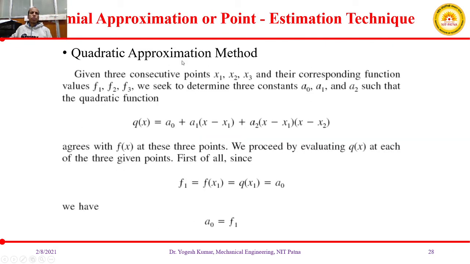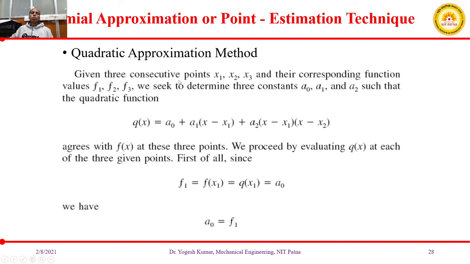We tried to understand the quadratic approximation method, and in this method we had three consecutive points, x1, x2 and x3, and their corresponding function values f1, f2 and f3. This was the form of the quadratic equation, in which we were trying to calculate the constants a0, a1, a2.